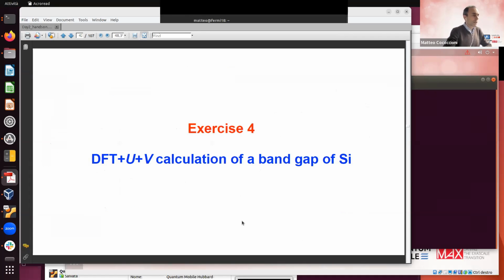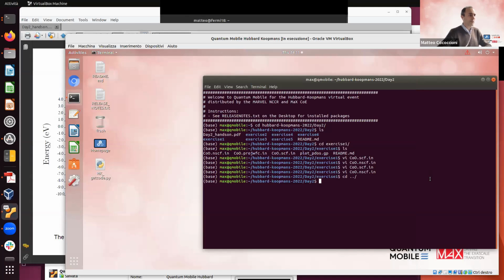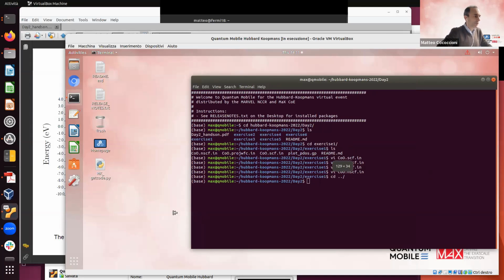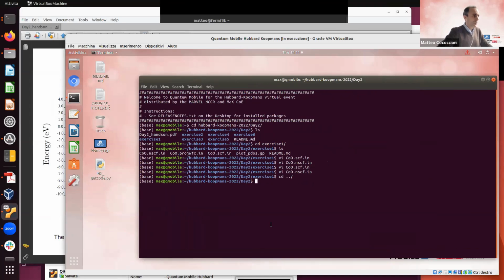Okay, so let's try to do this in practice. We go back to the tutorial. We are inside day 2, and this is the exercise 3 folder.